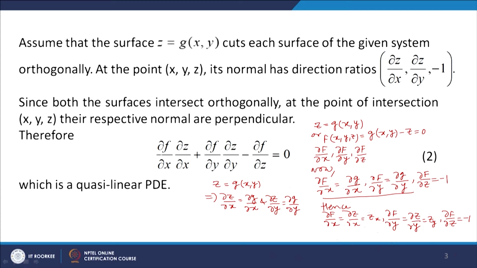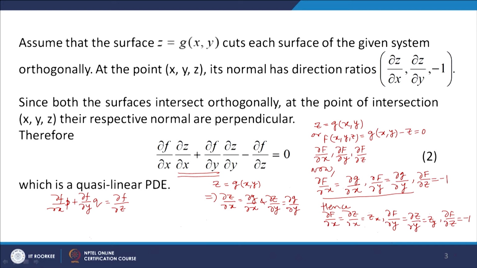So we must have f_x z_x + f_y z_y - f_z = 0, and this equation is a Cauchy linear PDE because we can write it as f_x p + f_y q = f_z.